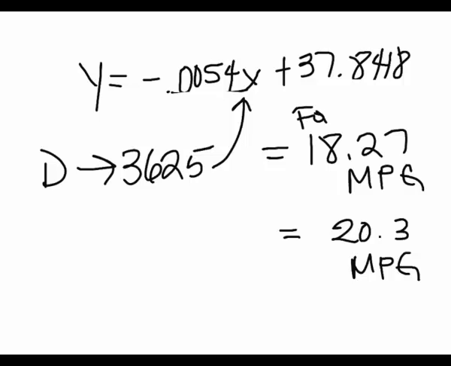So if I asked you what's the residual, I'm asking you the difference. So I'm going to take 20.3 and subtract 18.27. And I get 2.03. Okay? So I get 2.03 when I subtract it. So that is your residual. Remember, the residual is just the difference.